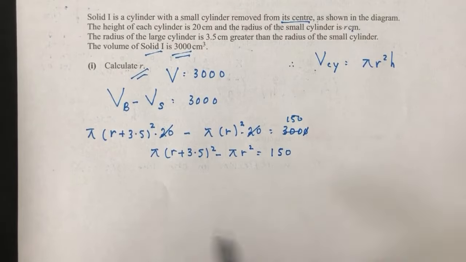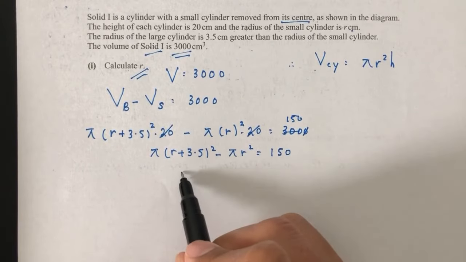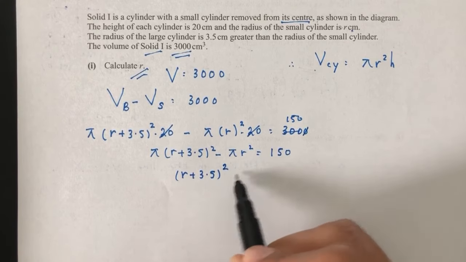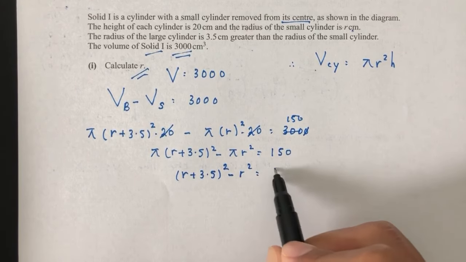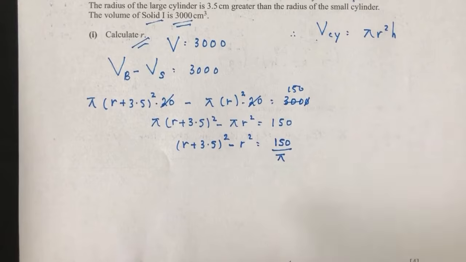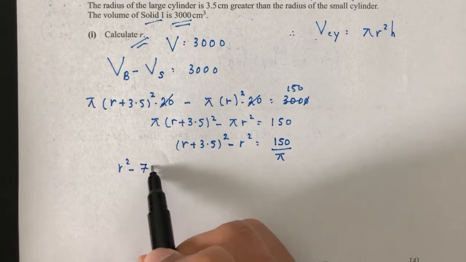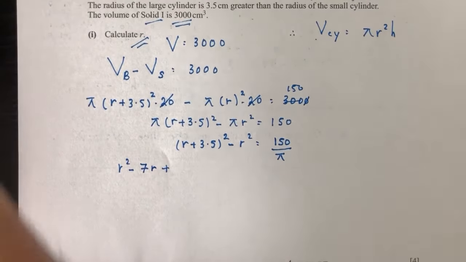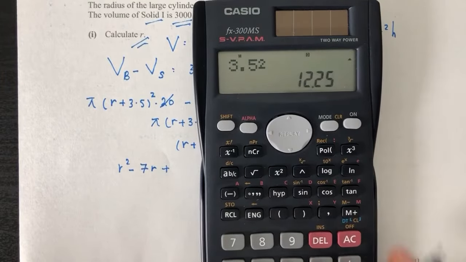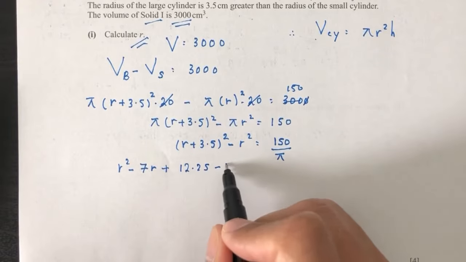So let's solve, expand. We can divide by pi everywhere. We will have (r plus 3.5) square minus r square equal to 150 over pi. Now let's expand this. We will have r square plus 7r plus, what is 3.5 square? So 3.5 square will be 12.25, minus r square.